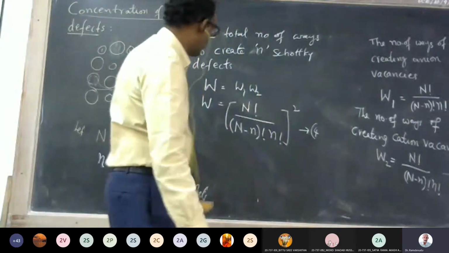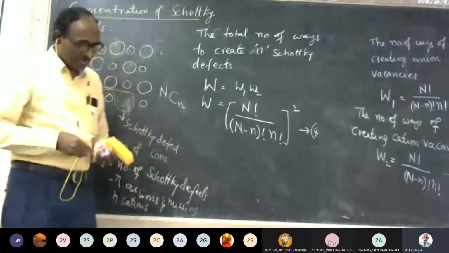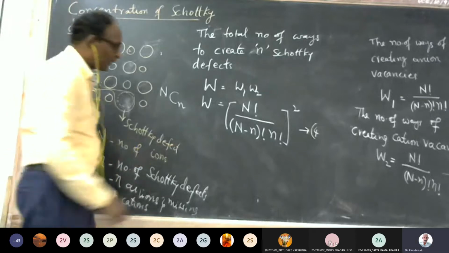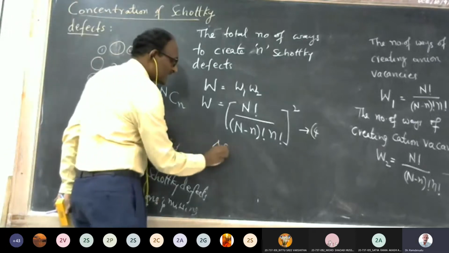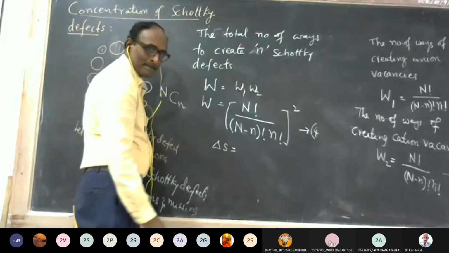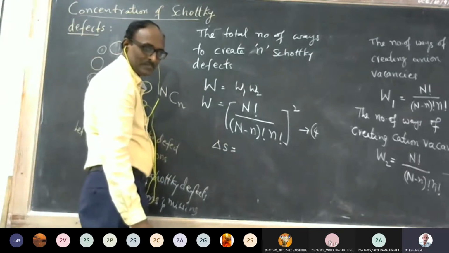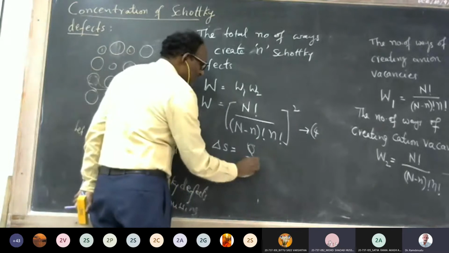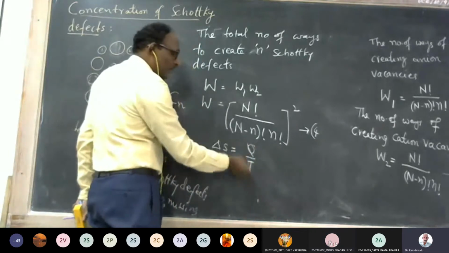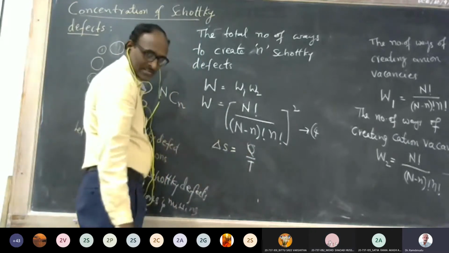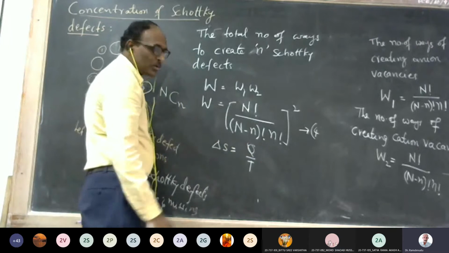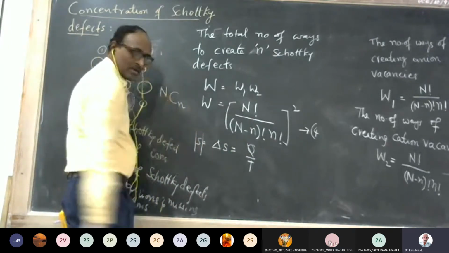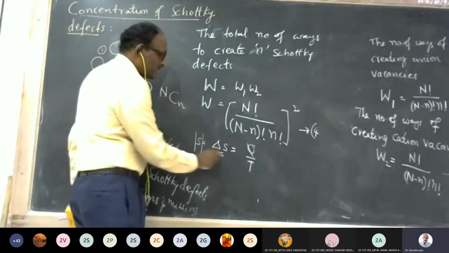Now, I want to go for that entropy. Can you define what is entropy? Entropy change delta S we define as delta Q by T, because you cannot measure the absolute entropy. We measure only the change in entropy.